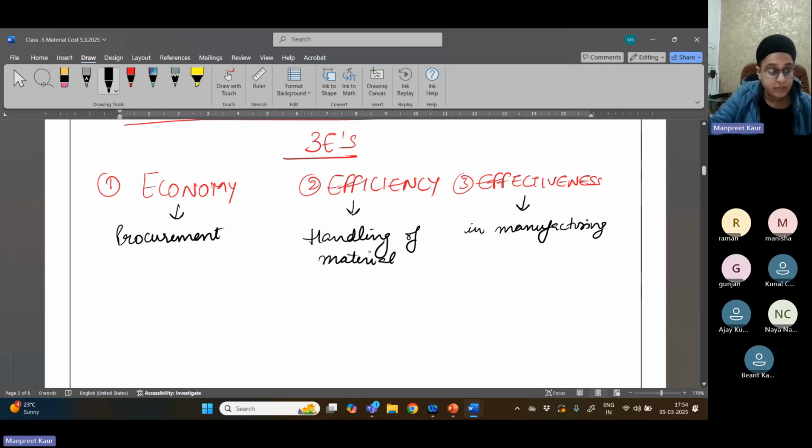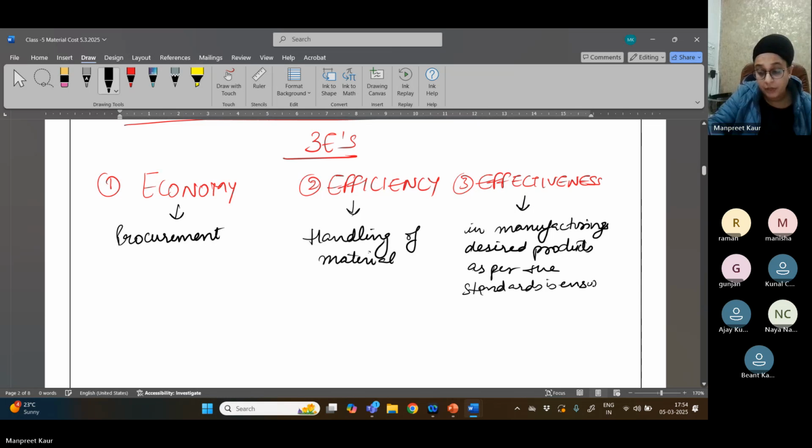That is zero defects for the desired products as per the standards is ensured. It means that according to the demand of the customer, we have to do the manufacturing.